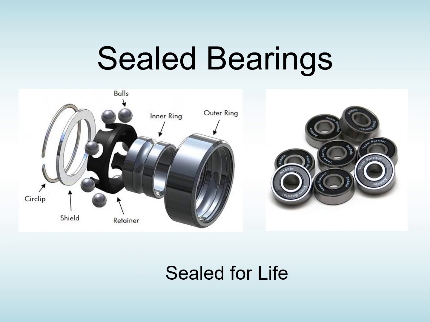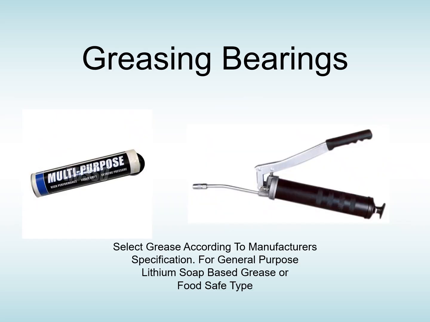Seal bearings, as you can see here, the makeup: the outer ring, inner ring, balls, and also the seals. They have the right amount of grease to start with, and they're hopefully sealed for the life of the bearing. If you're going to grease a bearing, you need to select the appropriate grease for it according to the manufacturer's specification.